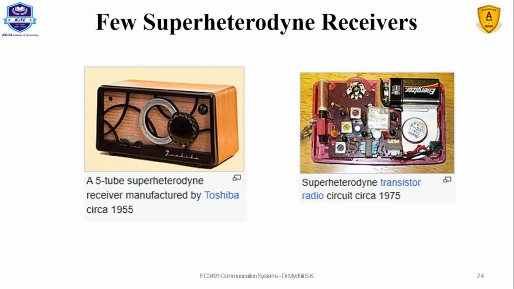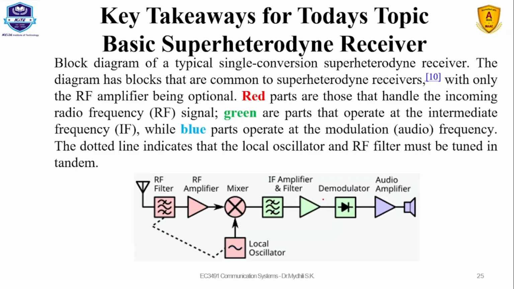These are a few superheterodyne receivers which have been identified. This is a 5-tube superheterodyne receiver manufactured by Toshiba in the year 1955, and this is the superheterodyne transistor radio circuit introduced in the year 1975.